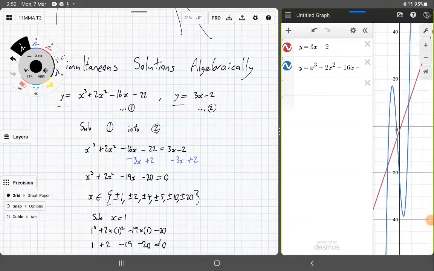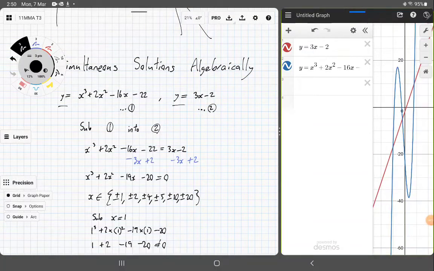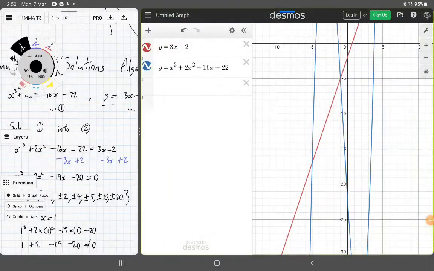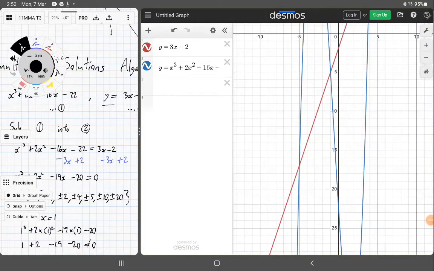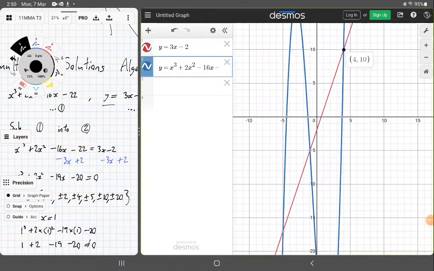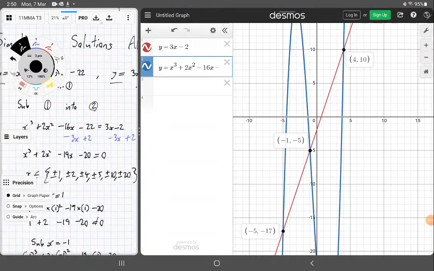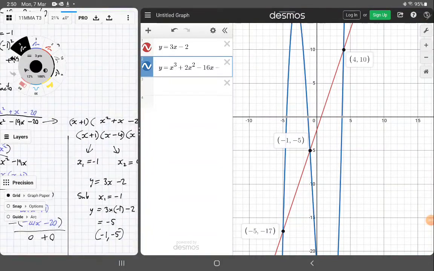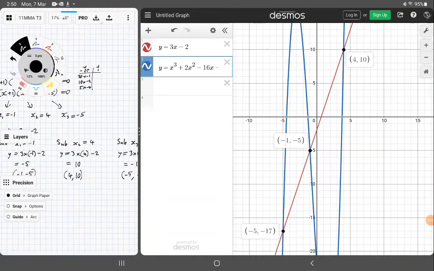And we can see this is the picture we actually get. Let me move this across a little bit so we can actually have a look. And we can see that there looks like there's three solutions, 1, 2, and 3, which perfectly match the three solutions that we found algebraically.